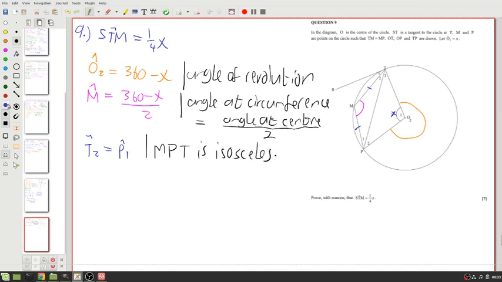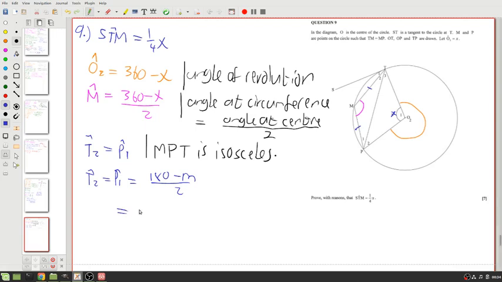Alright, then we can say what they are equal to. So T2 equals P1 equals 180 minus M, divided by 2. But we know what M is. M is 360 minus X over 2.